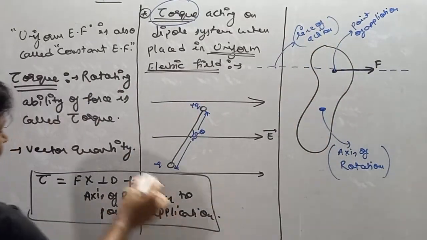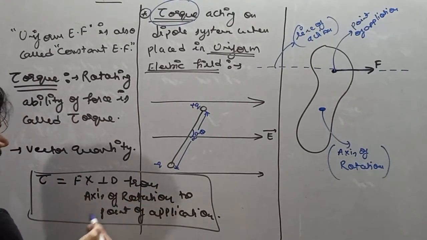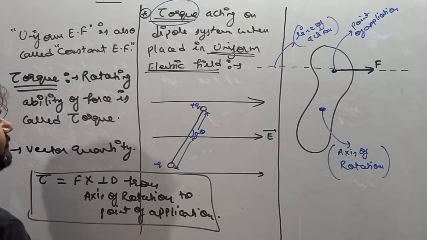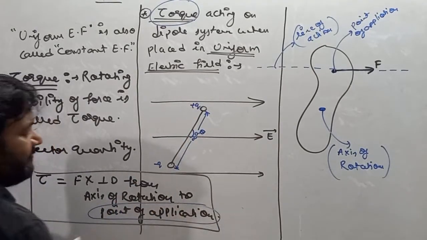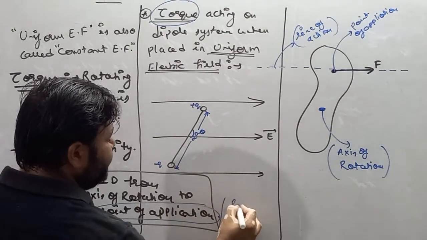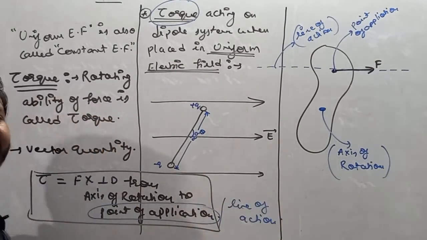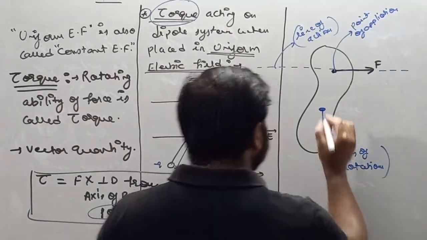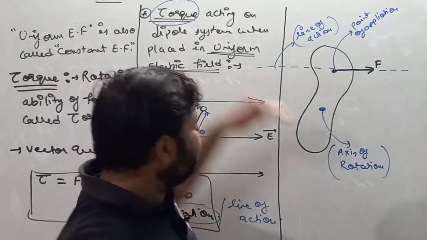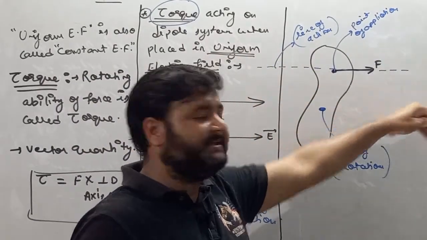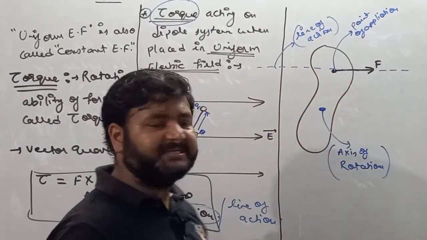So the formula of torque is also said to be force into perpendicular distance from axis of rotation to line of action. Instead of point of application, you can also write line of action. Line of action means the line along which force is acting, and the point where force is acting is called the point of application.